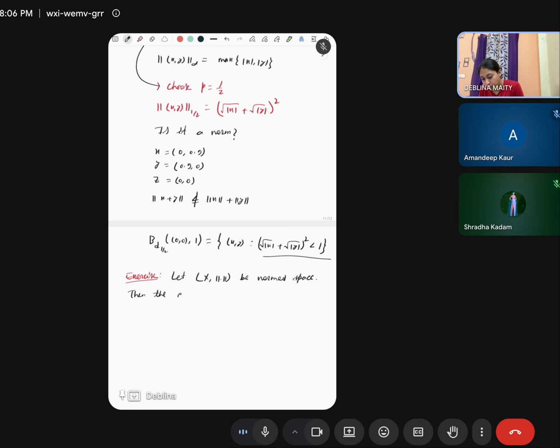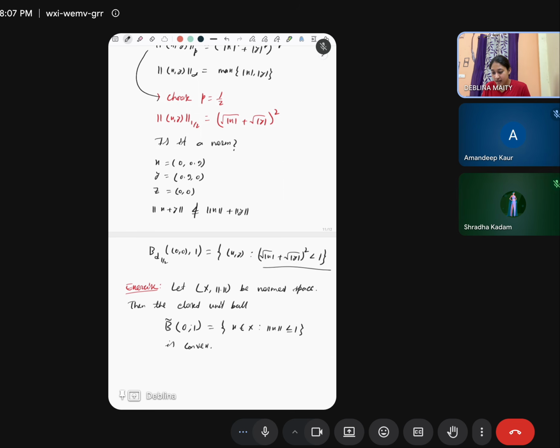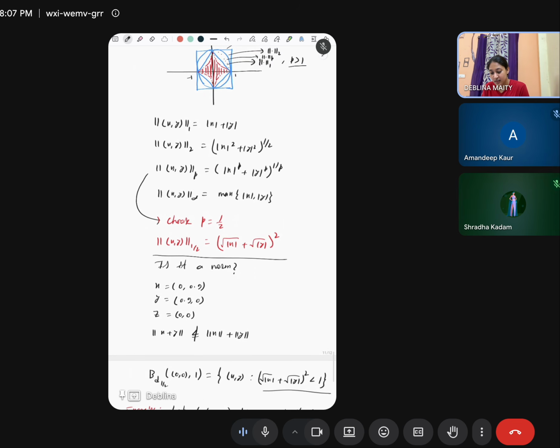Then the closed unit ball, which is all those x such that norm of x is less than or equal to 1, is convex, right? If it is a normed space, then the unit ball has to be convex, right? For this reason, this one is not a norm.